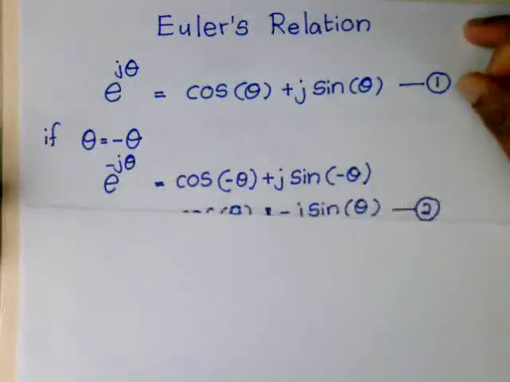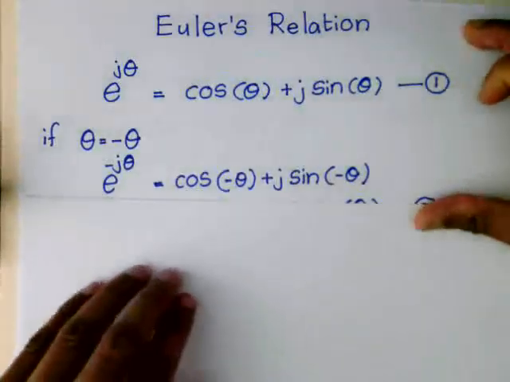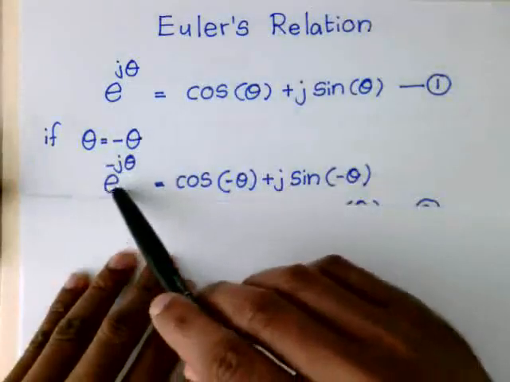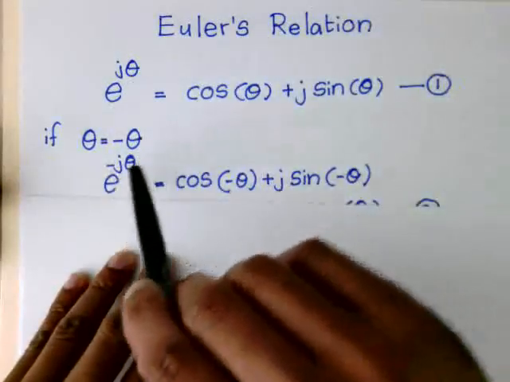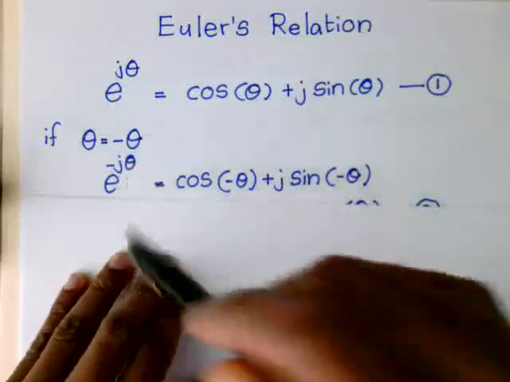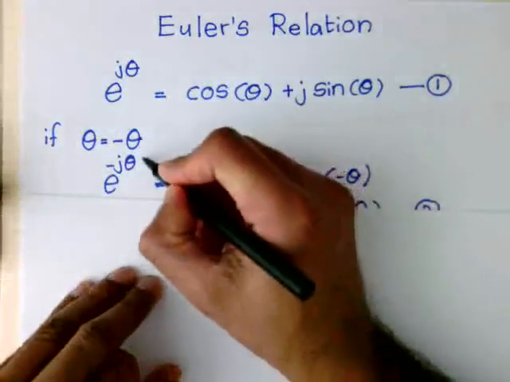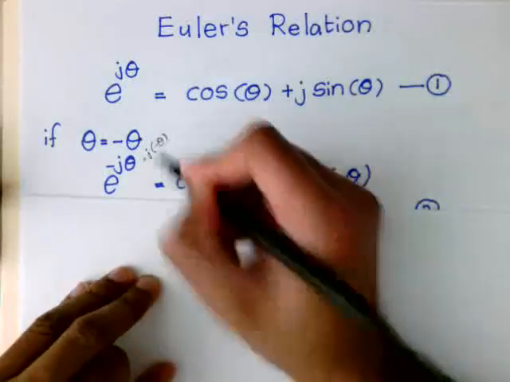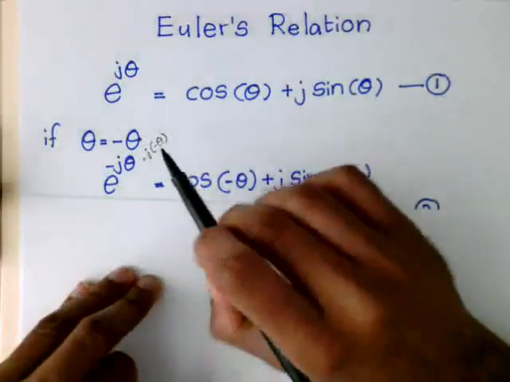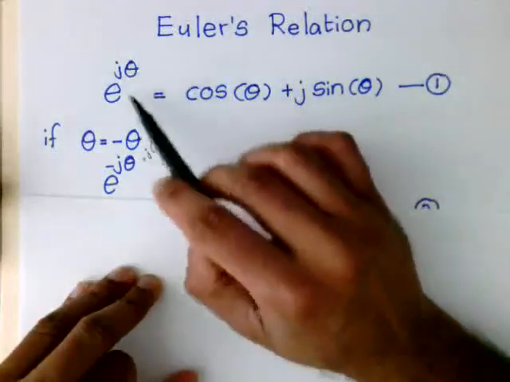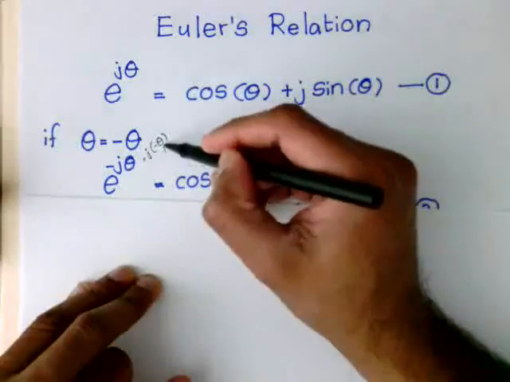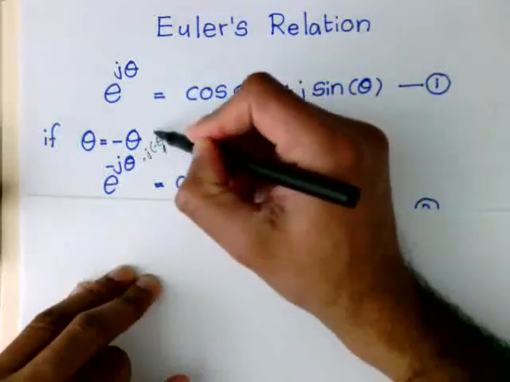So if we substitute theta to be negative theta, guess what? We're going to have a complex exponential where theta is negative. We can write this as e^(j times negative theta). What that means is the complex exponential has a negative angle, so not frequency.